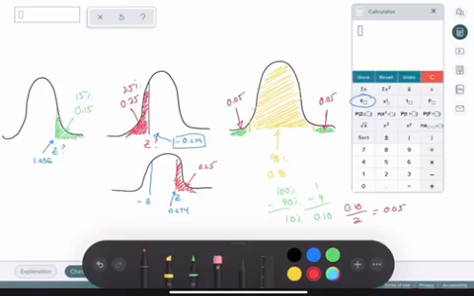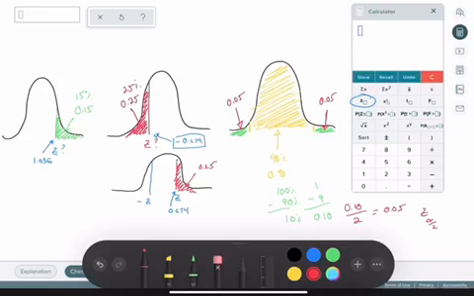Sometimes you will see this written in the notes as Z alpha divided by 2, because they are taking the 10% divided by 2 to get each side, the right and the left. That will come later on down the road.